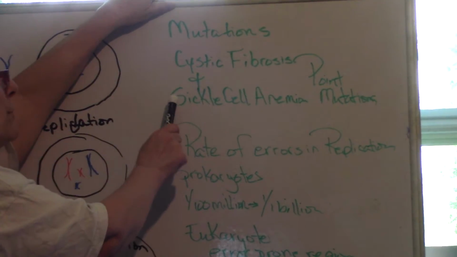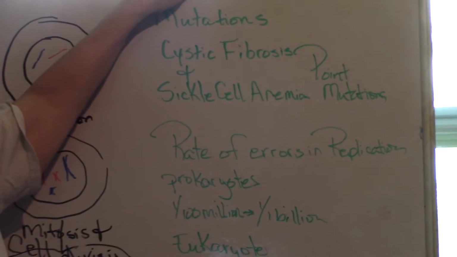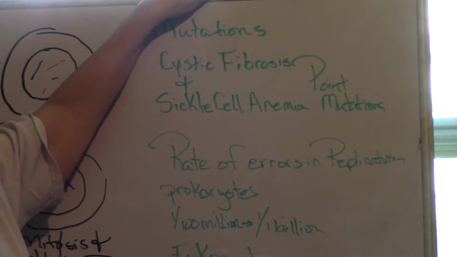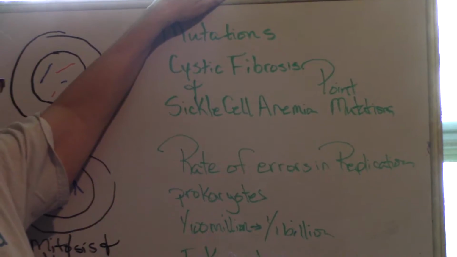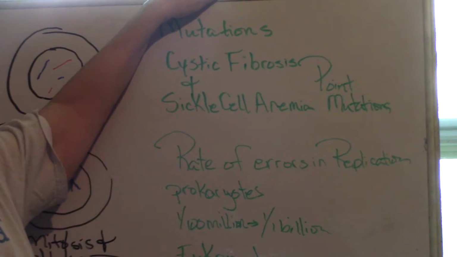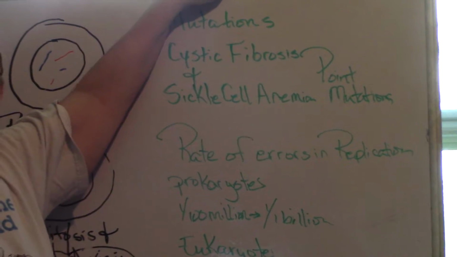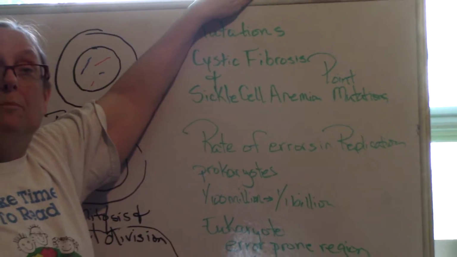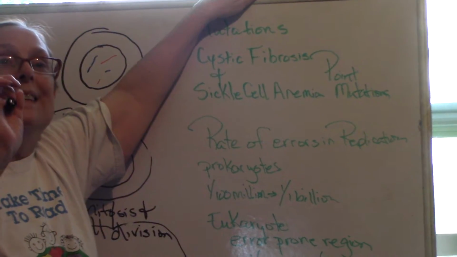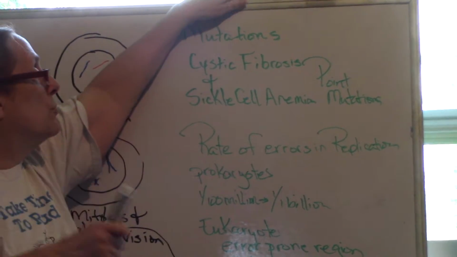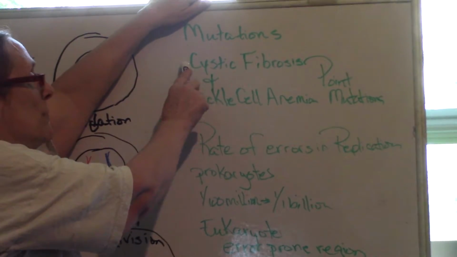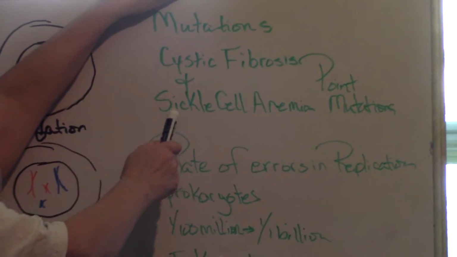Well, cystic fibrosis and sickle cell anemia are both examples of what we call point mutations. One base is different, and in these two cases, the protein is different because a different amino acid is put in place from the normal or non-mutated strain.